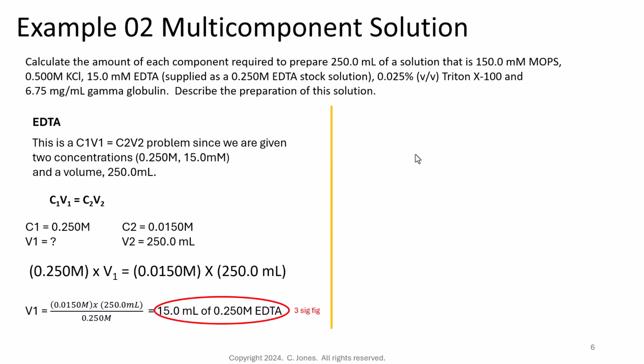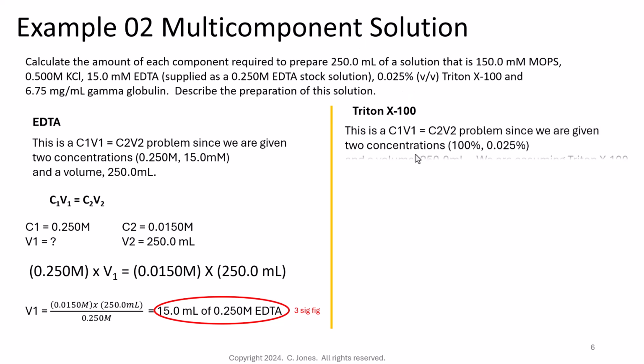What's next? Triton X100, our detergent, okay? So Triton X100 is given to us as a percent volume. Because it's volume, we know it's a liquid, and we're going to use this as a C1V1 problem. We could have used this as the mLs to prepare times the percent over 100, but I wanted to introduce a new concept here.